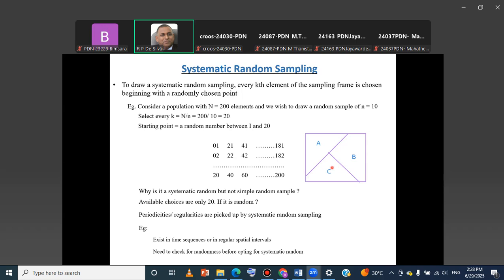So if you want to cover the entire population, you have to travel across this 100 square kilometer area, every inch of the land, to check what is there. So you need to visit and do a survey.